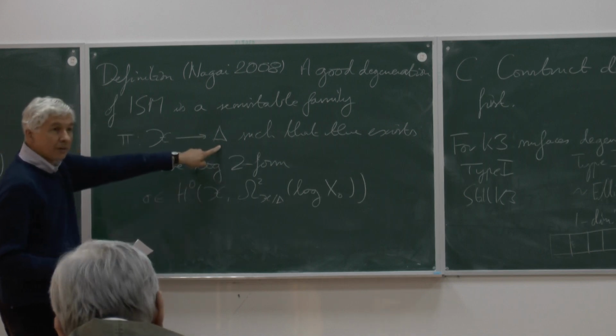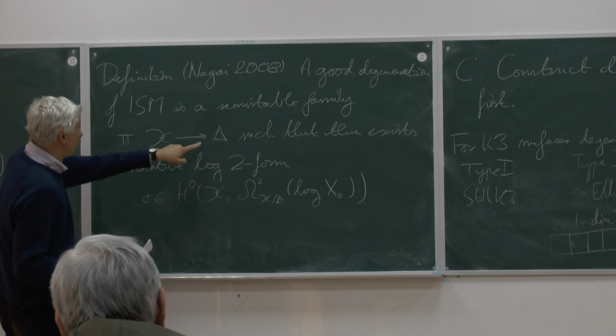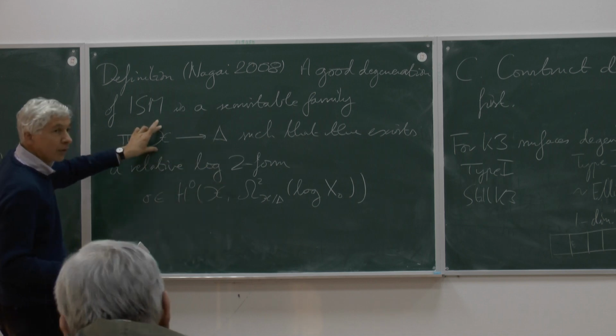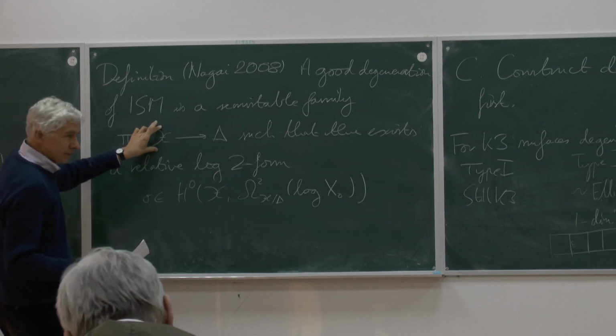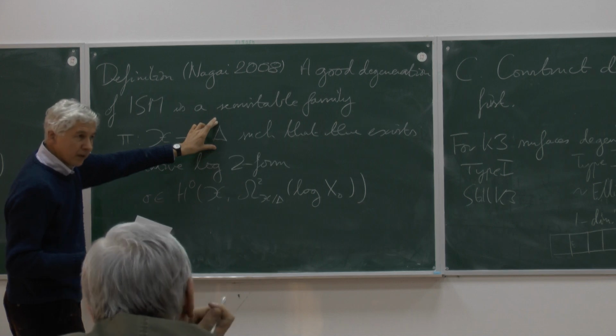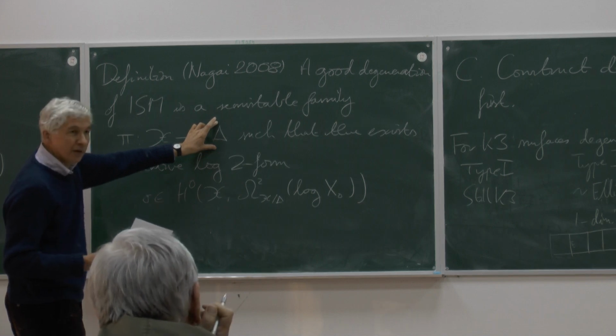X0 is the fibre over zero. So this is a semi-stable family, so the total space is smooth, and the central fibre is a simple normal crossings divisor.